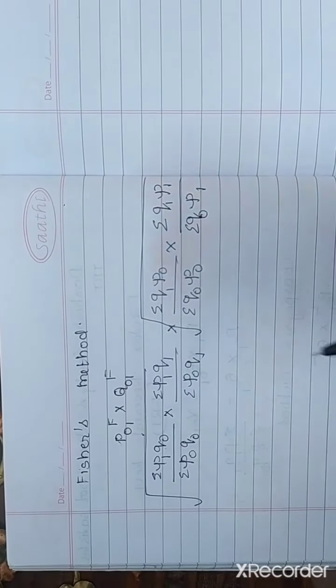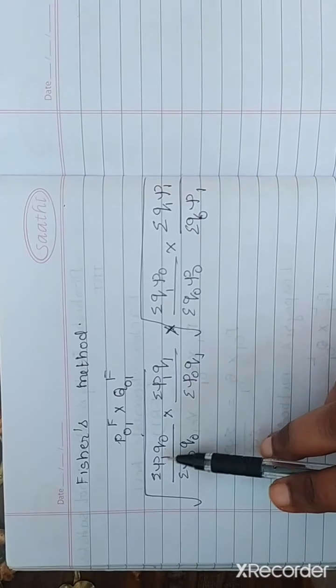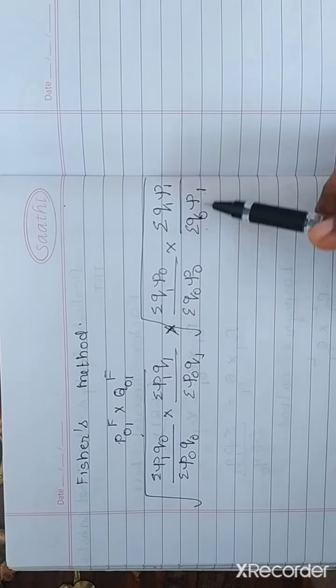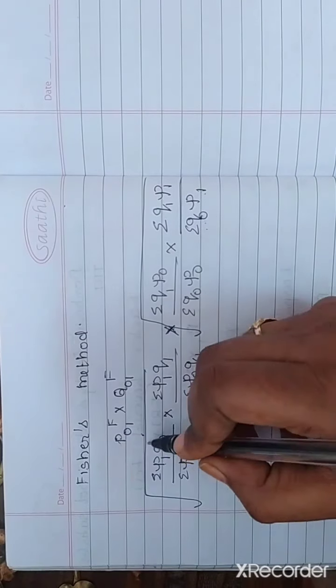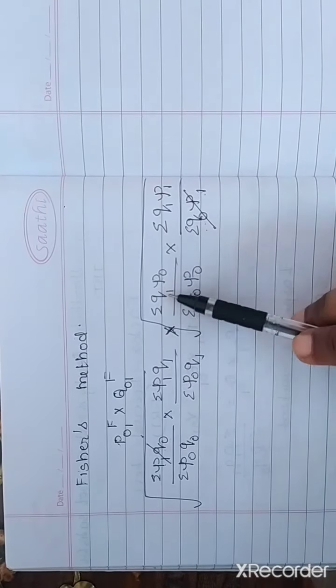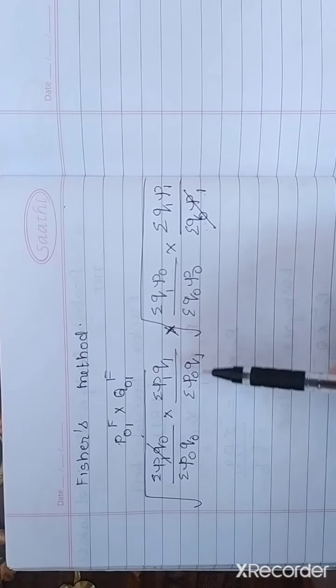Now consider summation P1 Q0, summation P1 Q0. Term 2 into 3 is the same as 3 into 2, so these two get cancelled. Now summation Q1 P0, summation Q1 P0.